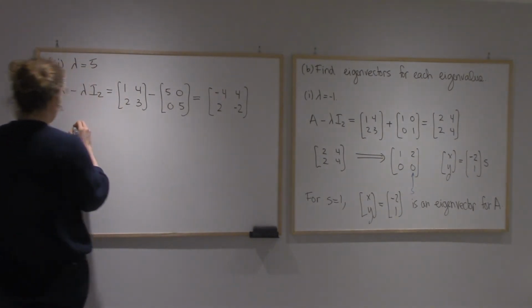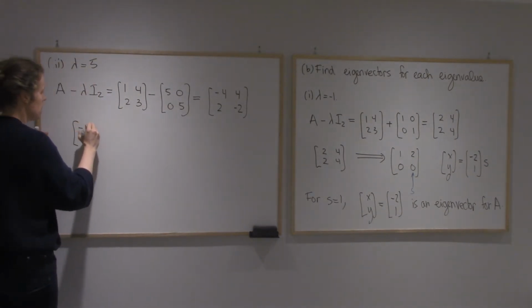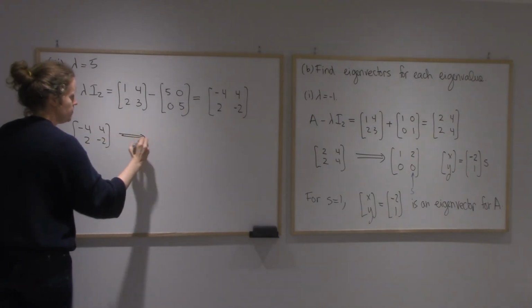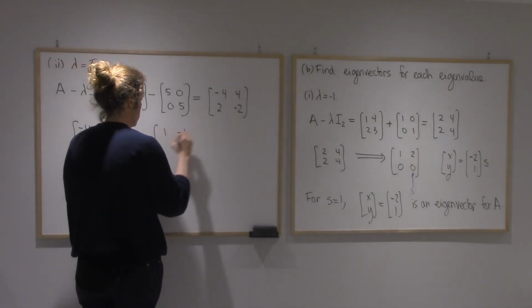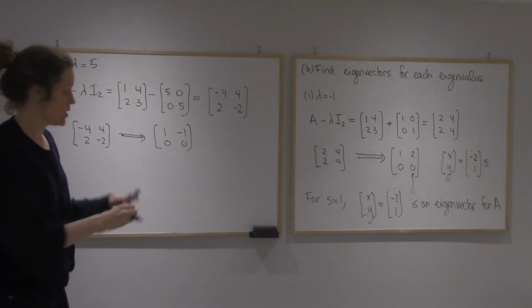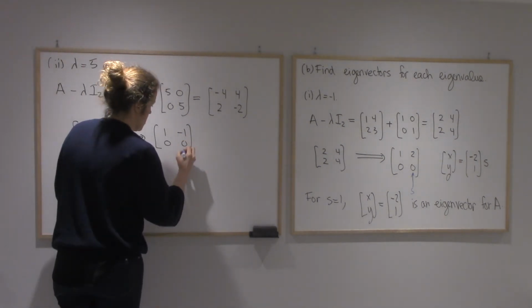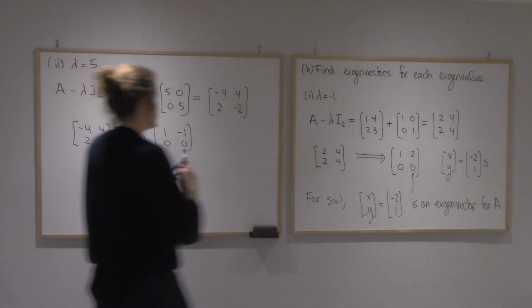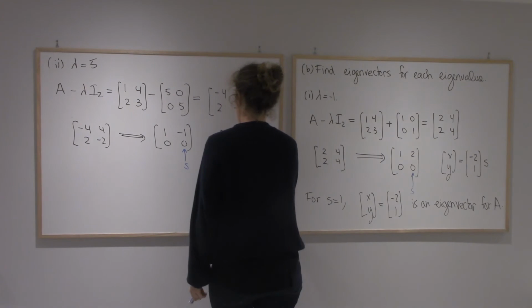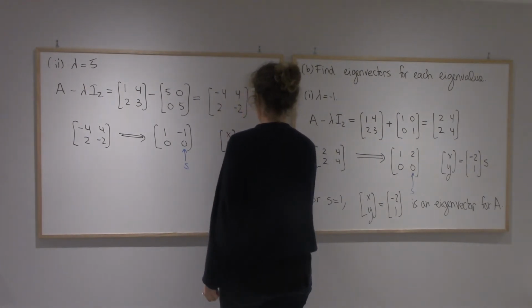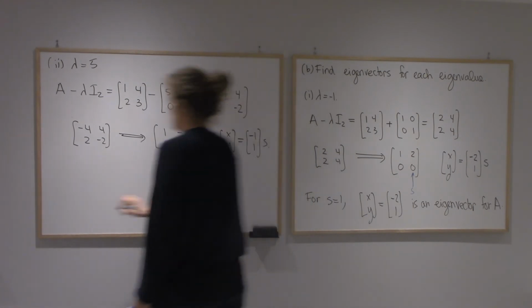Perfect. So I'm going to reduce it. I need to find a vector in the null space. Again, I have a free variable, so (x, y) will be (-1, 1) times s.